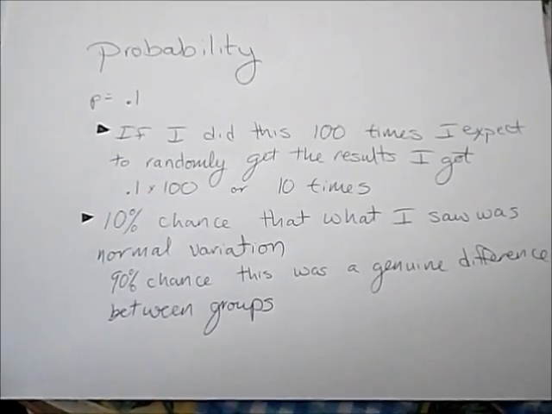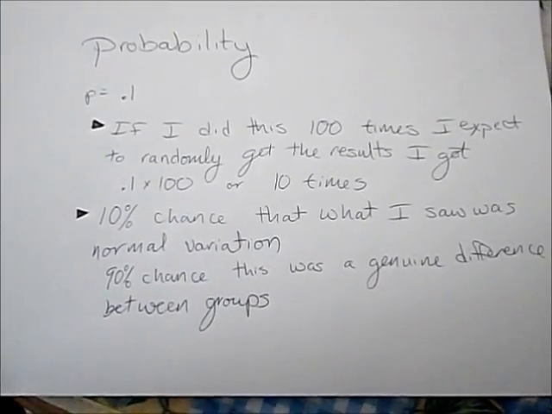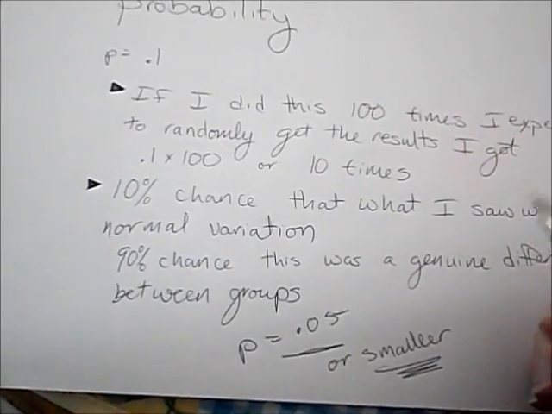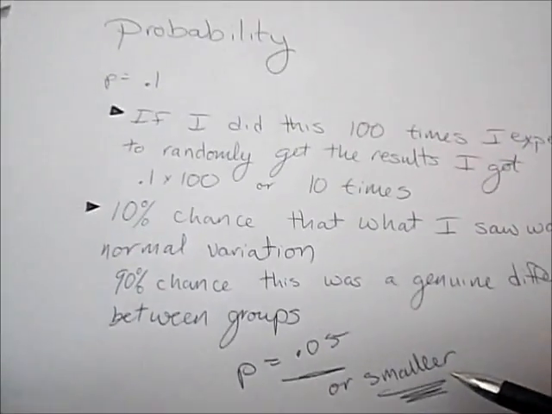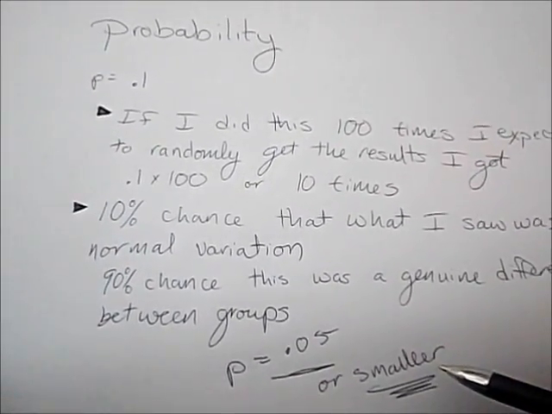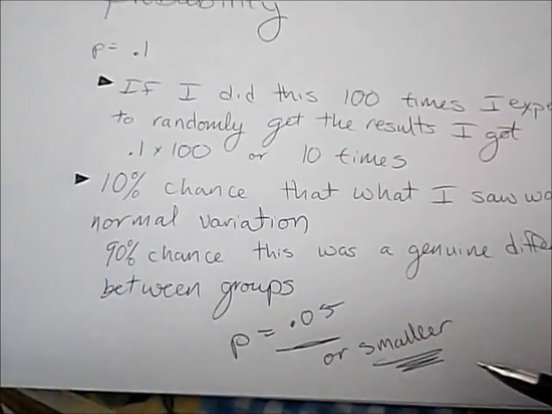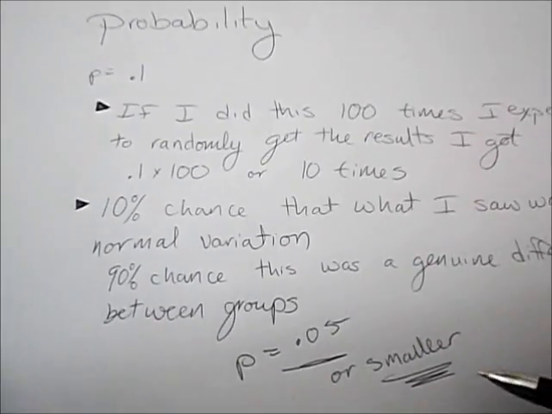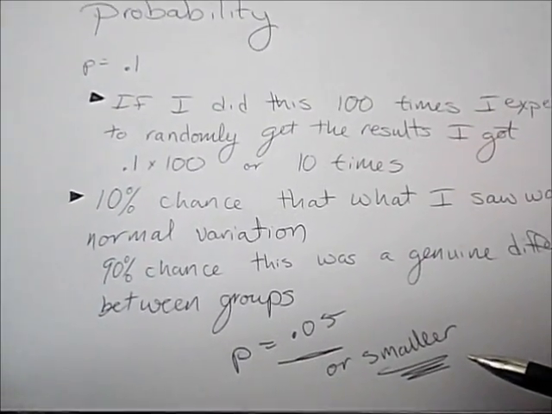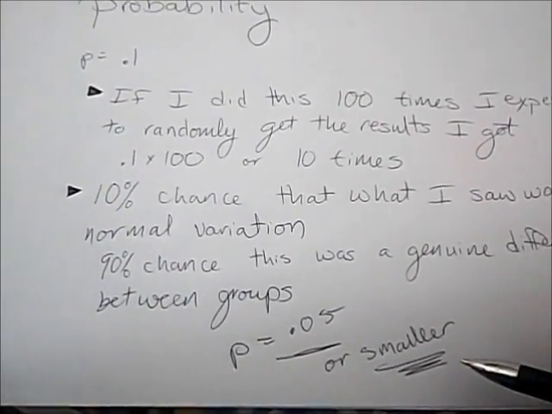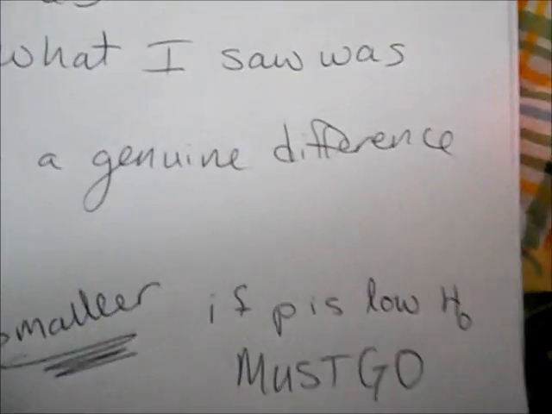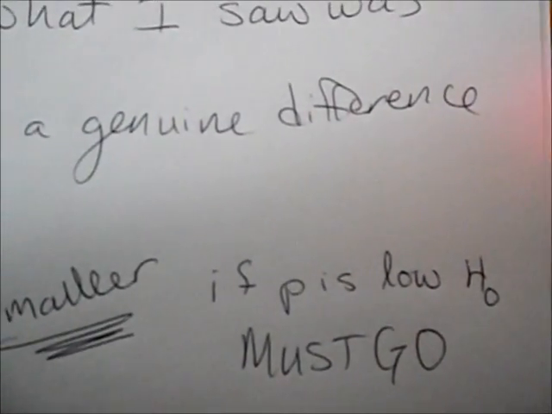We consider a p-value of 0.05 to be significant. If p is 0.05 or smaller, that means that you've got a 95% chance or higher that what you've observed is a genuine difference between groups. And so if you have a p-value that's quite low, and by low I mean 0.05 or smaller, if p is low, H0 must go, right?